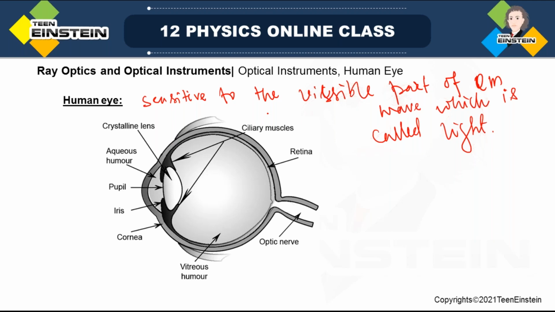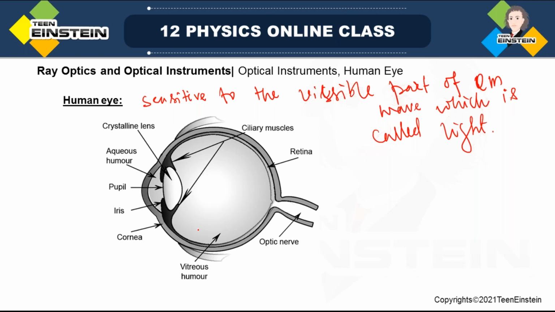Now we see how we see generally. If any object is nearby, our eye has all the things that a camera has.